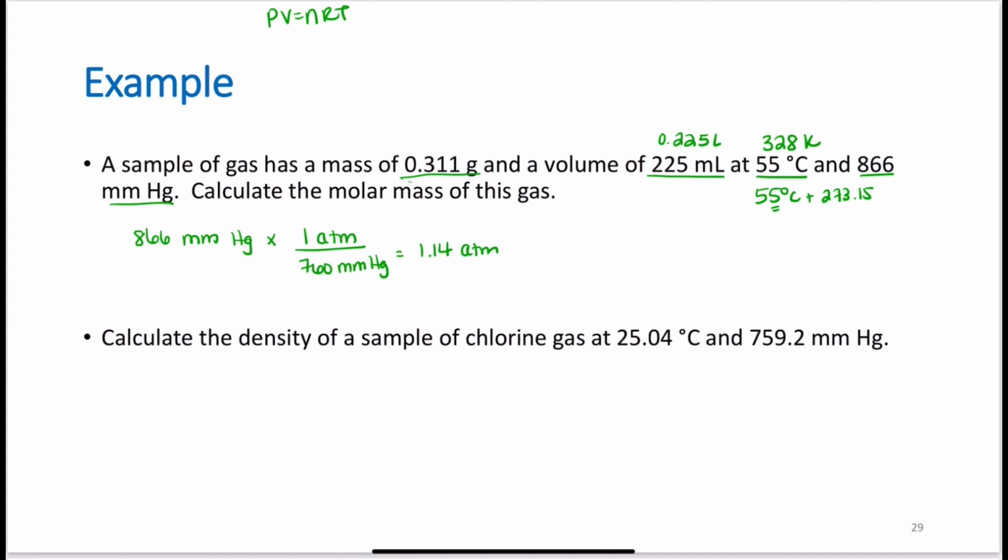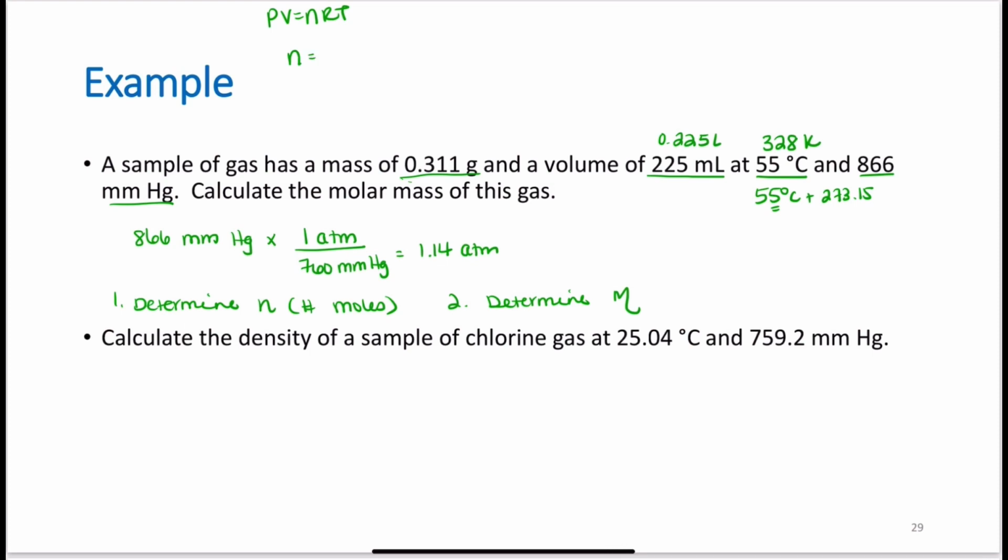So the first way I'm going to solve this is I'm going to determine n, which is the number of moles, and then determine molar mass. And then I'm going to erase it and show you the other way to do it in just one equation.